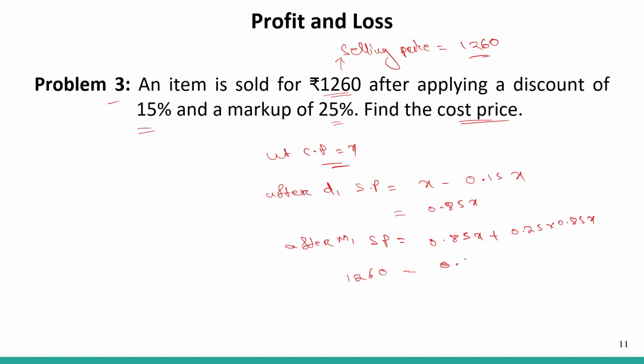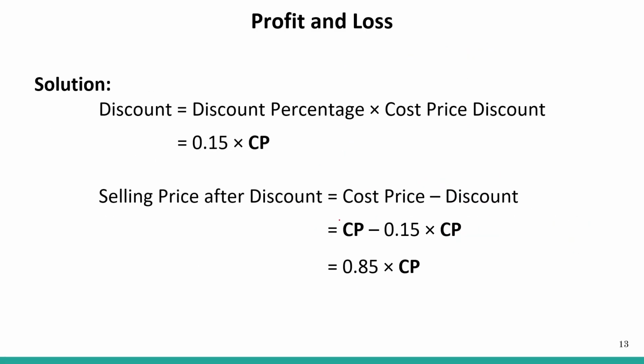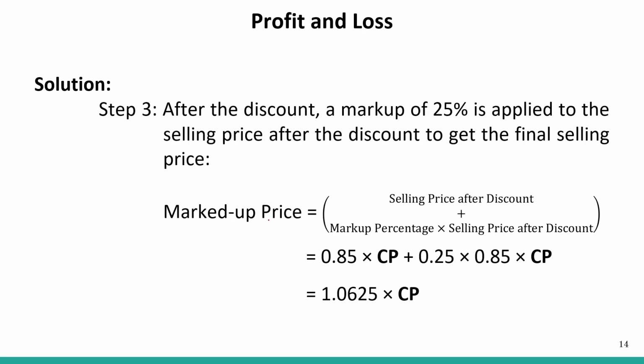So this is 0.85x plus 0.25 into 0.85x, so this will be equal to 0.85 into CP. So markup price is equal to selling price after discount plus markup percentage into selling price after discount. So 0.85 into CP plus 0.25 into 0.85 into CP, so this is equal to 1.0625 into CP.